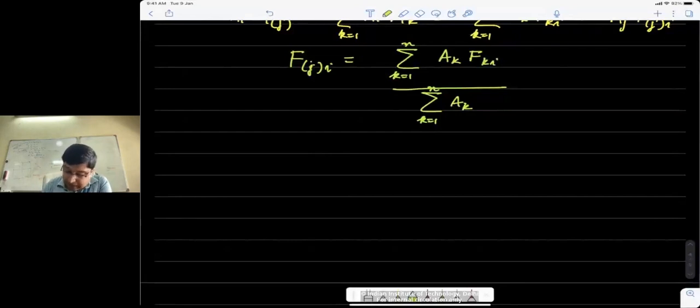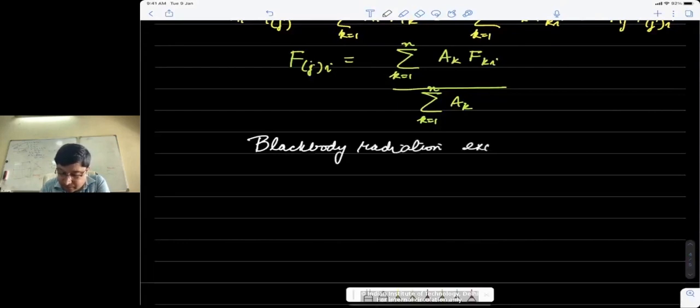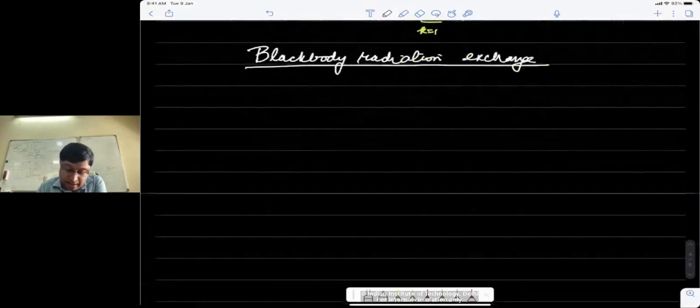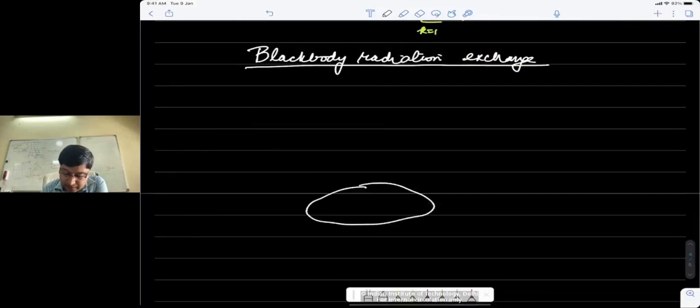So let's now begin with formal radiation exchange analysis. And I will start with black body radiation exchange, which is the easiest example before I move on to the more general case. By black body radiation exchange, I mean we have two surfaces which are black.